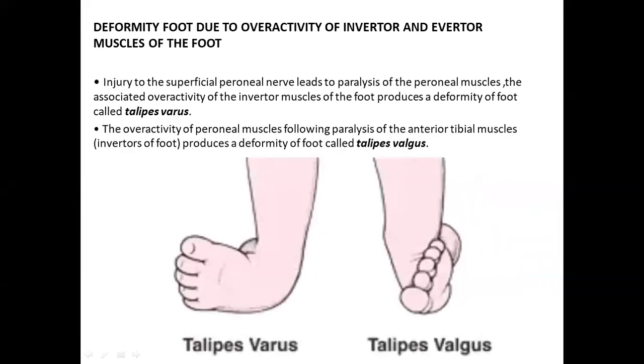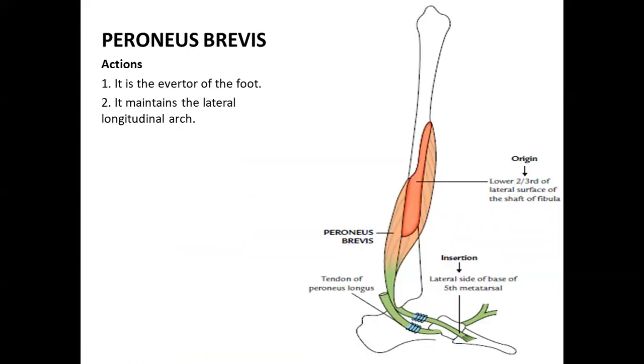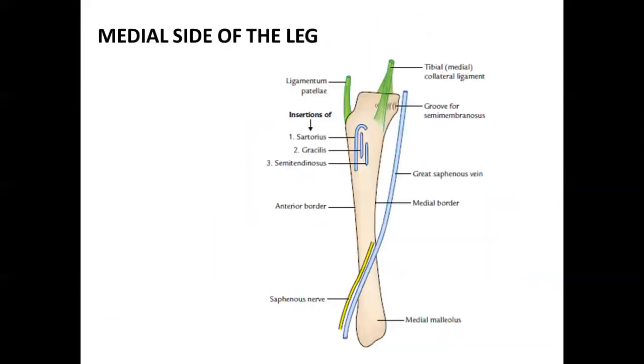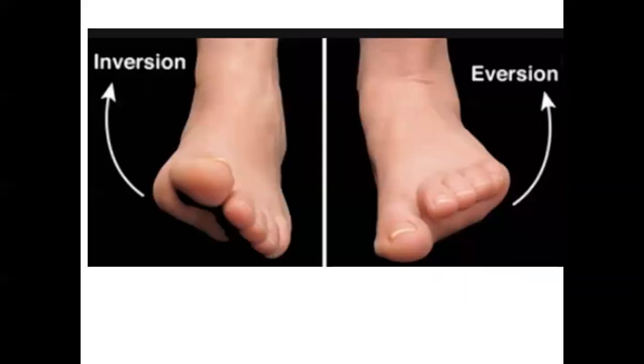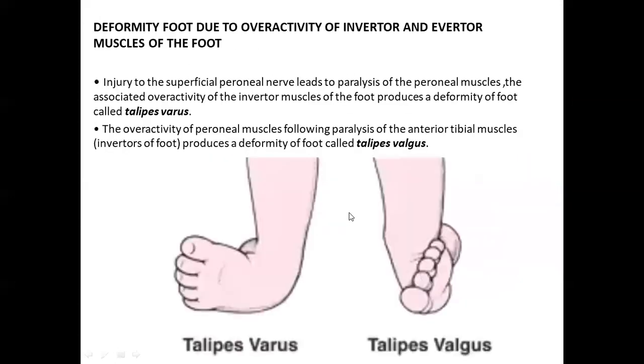Okay. Now, we know that we have inverters of the foot and we have some everters of the foot. So we have inversion of the foot and eversion of the foot. There are some muscles which are inverters, and then there are a few muscles which are the everters. Now, if there is overaction of any of these, what happens?